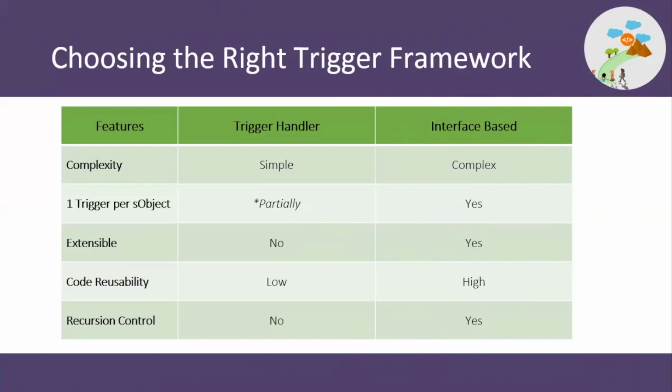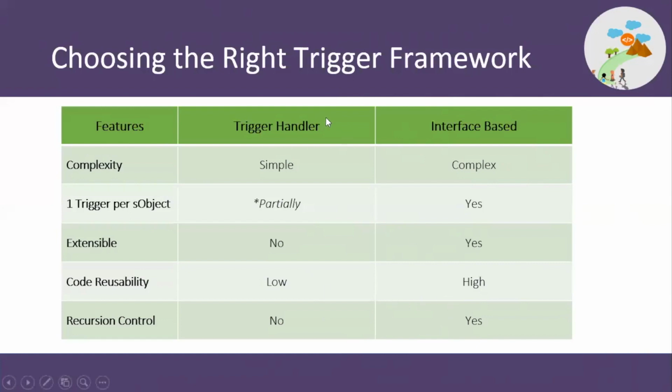The interface-based pattern is extensible because now a lot of your handler piece, which you would have to keep repeating in the trigger handler pattern, is not required. Of course, because it is extensible, there's a lot of code reusability that comes with this particular pattern.